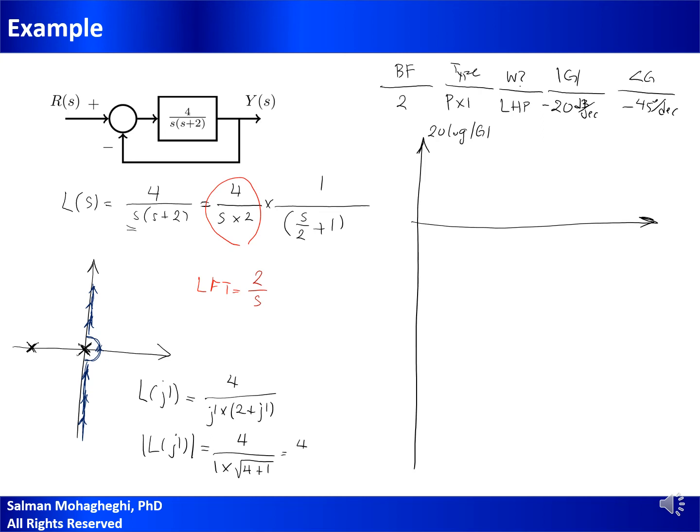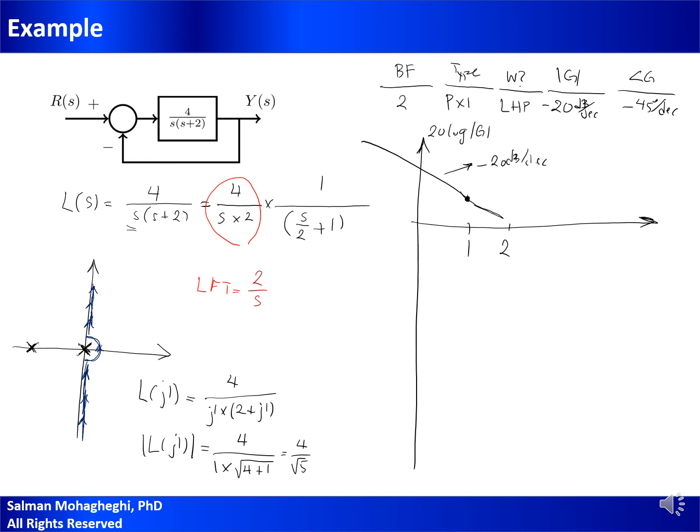So it's going to be 4 divided by the square root of 5. I don't know exactly what this value is, but it's going to be greater than 1, meaning that 20 log of it is going to be positive. So let's say as an example, it's somewhere here, right? So you will start with a slope of minus 20 dB per decade.